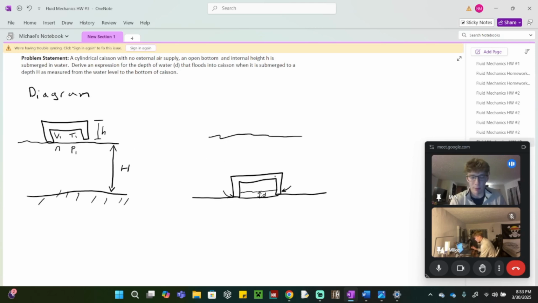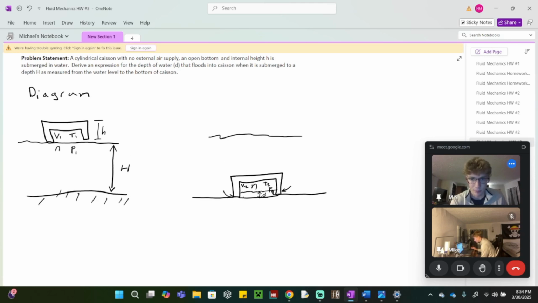However, when we drop the caisson in, this has a different volume due to the water filling in, a different temperature due to the temperature of the water, a different pressure, but it also has the same amount of moles of air as before it was dropped in, so N is still the same.